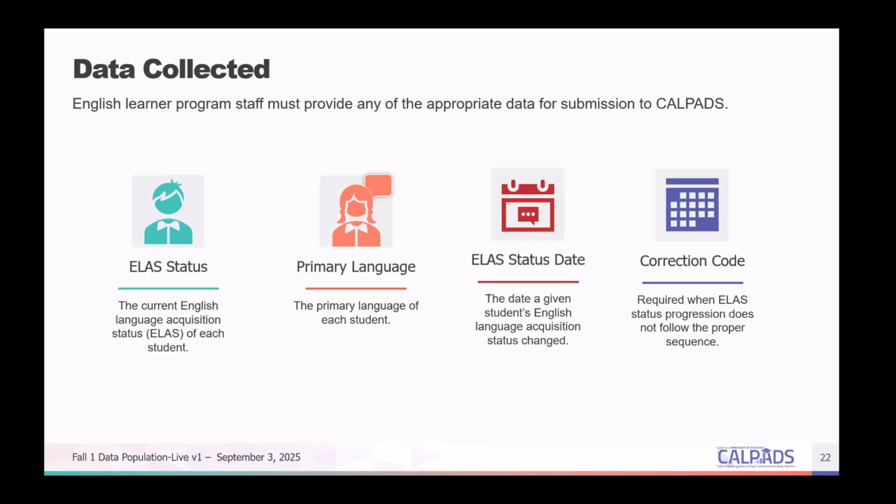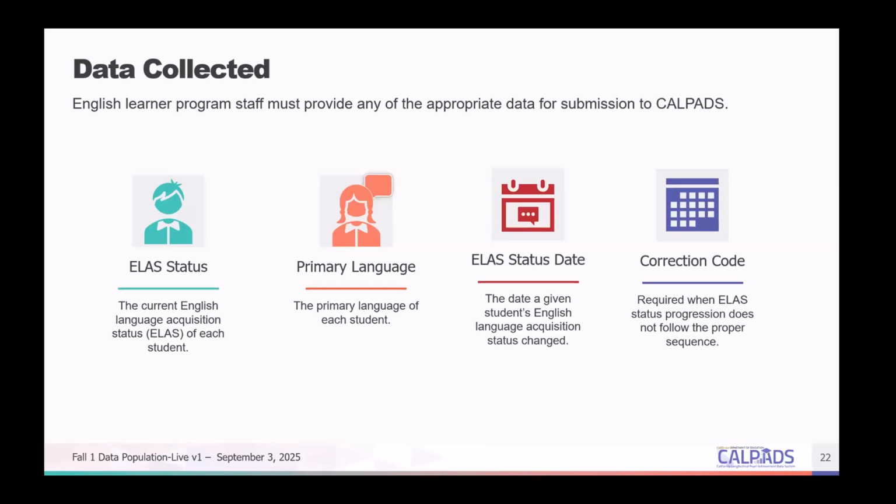This includes the English language acquisition status, the primary language, the ELAS status date, a correction reason code if applicable, and the reason. Correction reason codes are especially important when making changes to a student's ELAS record. ELAS changes follow a specific sequence, for example, EL to RFEP.